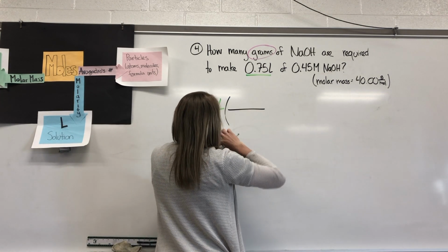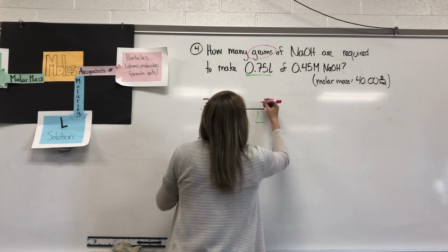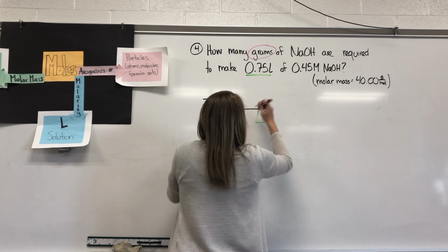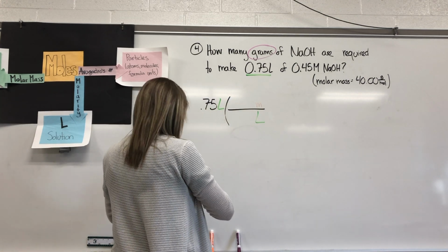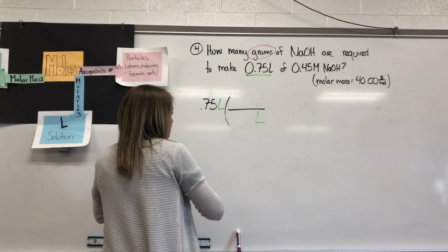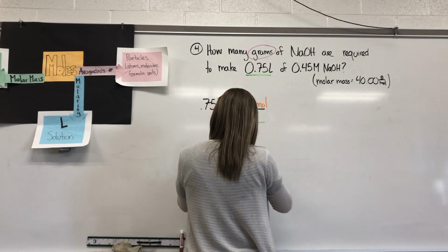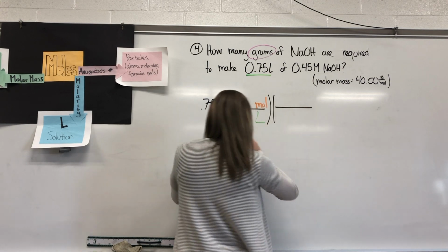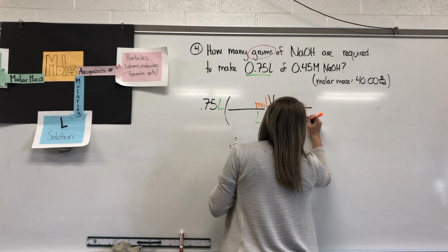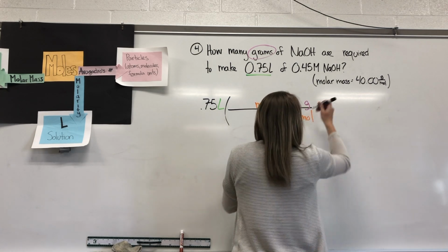So you should have said, okay, the first thing we're going to do is go from liters to moles. Let's change up that marker. Okay, and then we can go moles to grams.